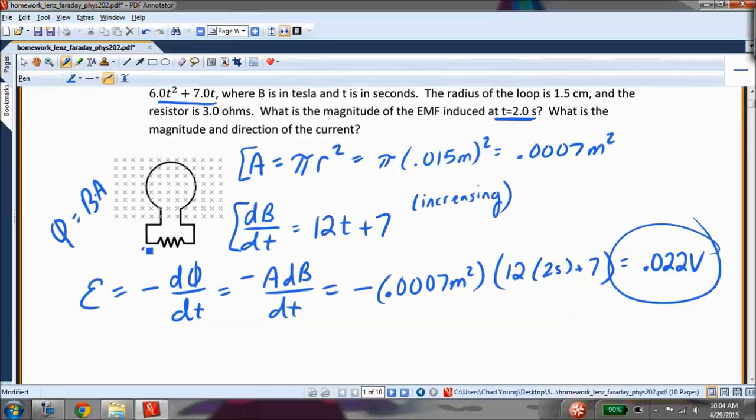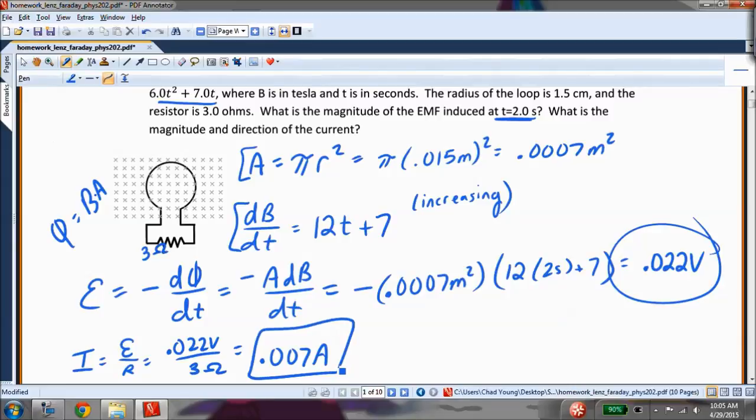I have 3 ohms here, so I is equal to EMF over the resistance, so it's 0.022 volts over 3 ohms. 0.022 divided by 3 is 0.007 amps. That's the magnitude of that current.